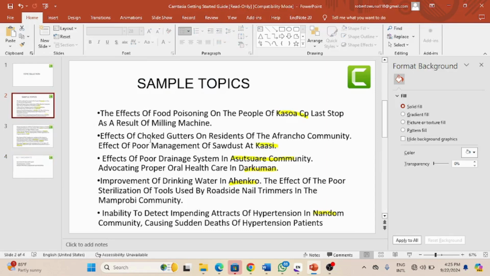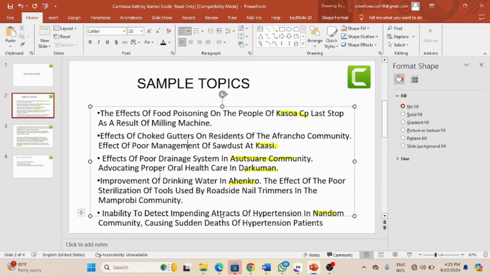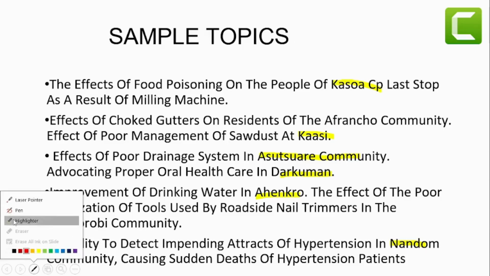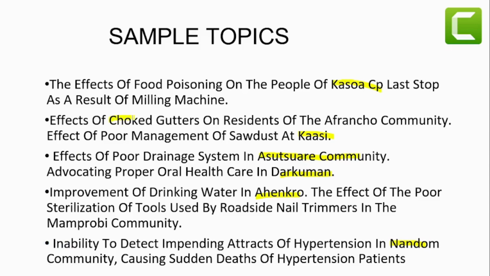Then what else can we see? So we have choked gutters here, and a poor drainage system.